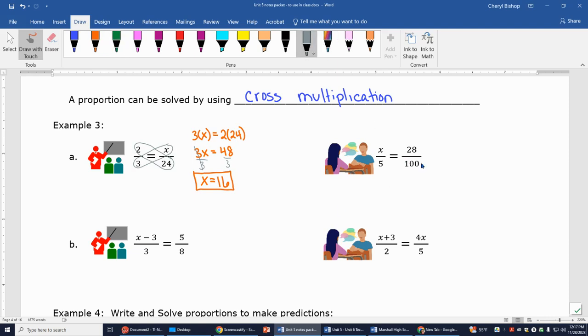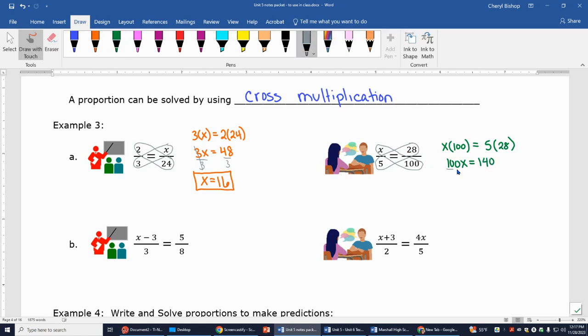On the next one, again, I'm going to cross multiply. I usually like to start where I see an x. So I'm going to multiply x times 100 equals 5 times 28. That's going to give me 100x equals 140.